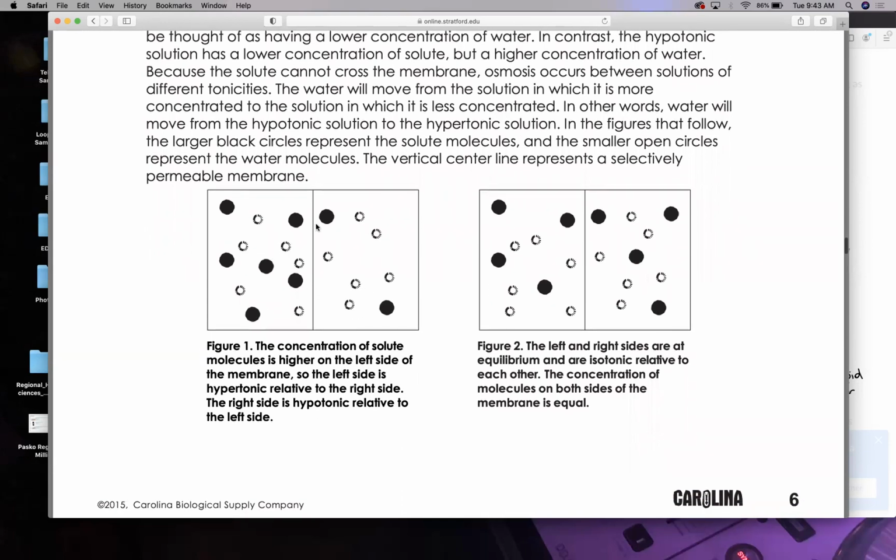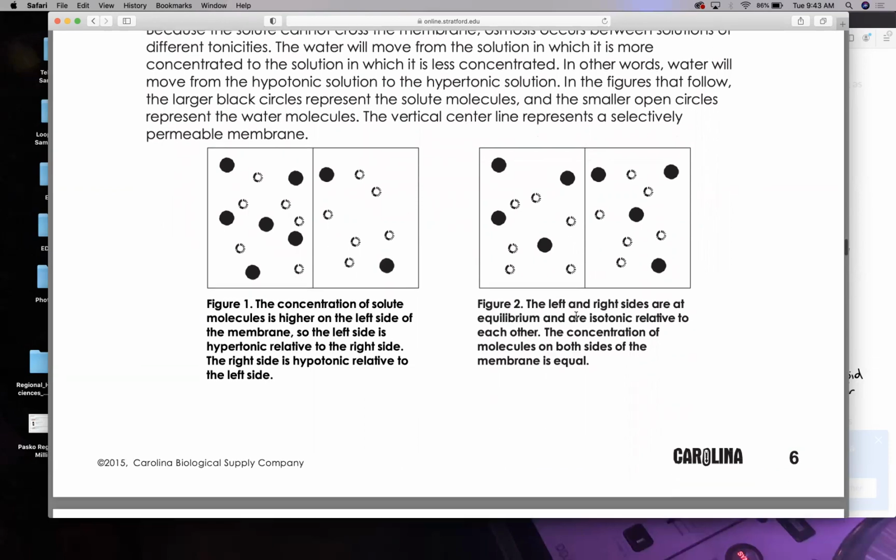And the neat thing about osmosis, right? Your body is constantly moving these molecules around, both water, which is this thing, and salt, because its goal is ultimately what? An isotonic solution.